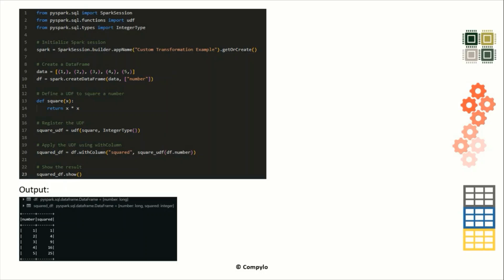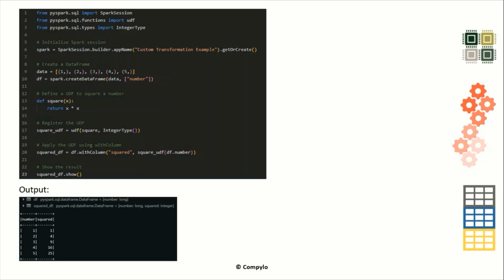After that, we use udf to register the user defined function, which is line number 17. And finally, in line number 20, we are applying the UDF using withColumn to square the number available in the data.